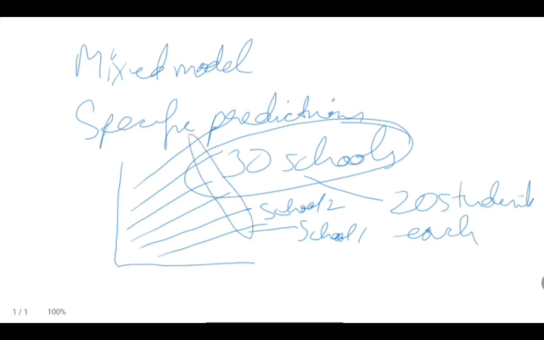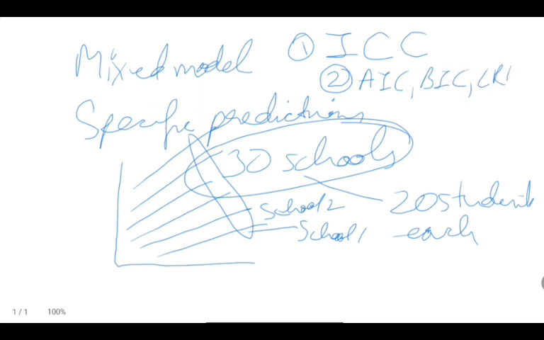And we report the findings. So in reporting the findings, we include the intra-class correlation coefficient. We include the model comparison, which is done through information criteria like AIC, BIC, and the likelihood ratio test. So we include the results on the basis of which we selected which model to go with.